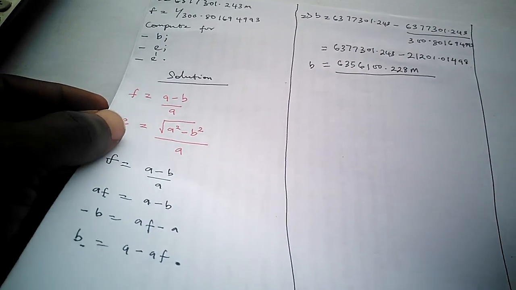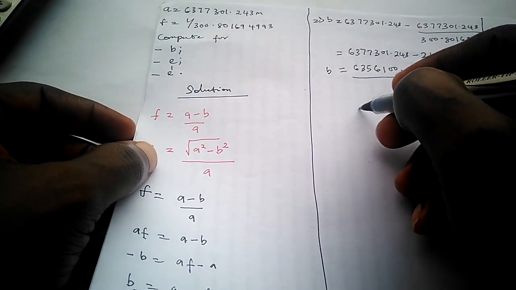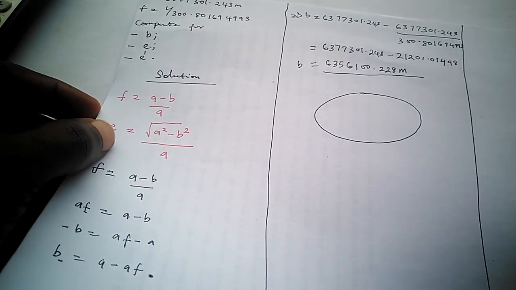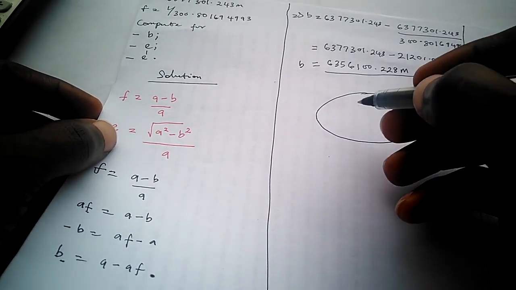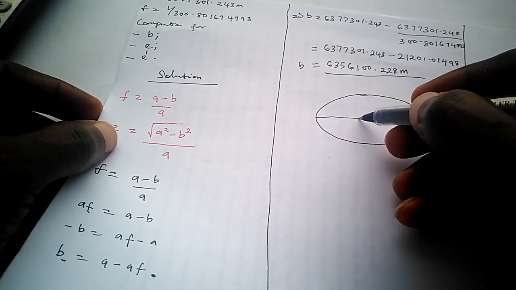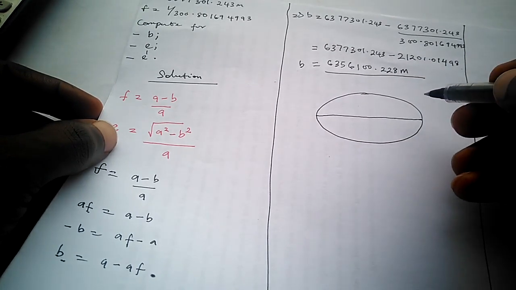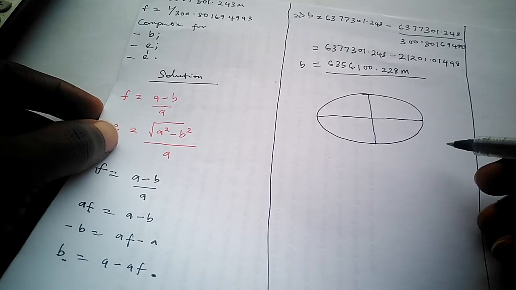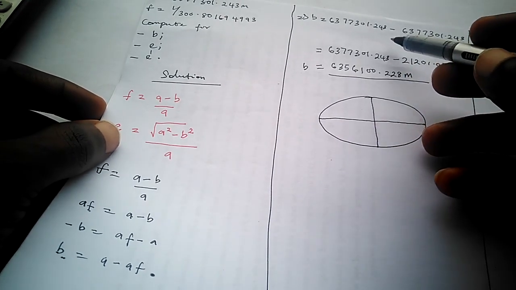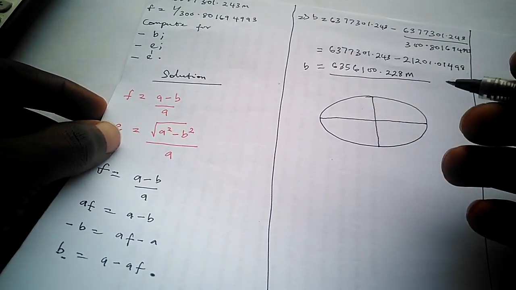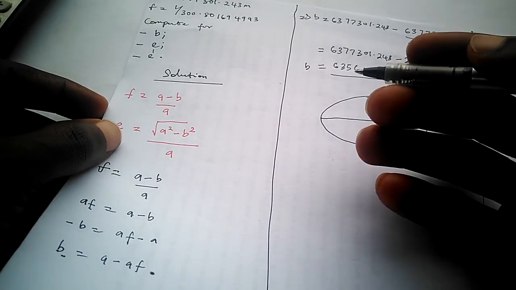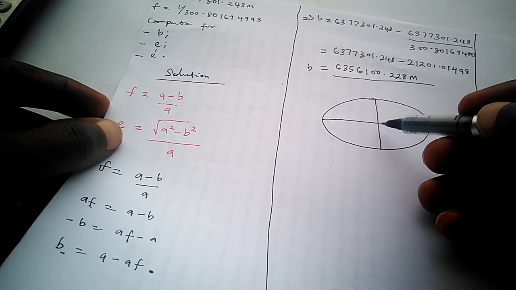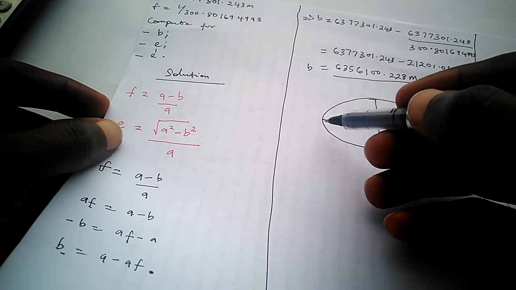Now, one thing about this is that it's very simple for you to know if your answer is within the limit. This is an ellipse. It might not be a perfect ellipse. This is an ellipse, and we have a diameter here, and we have another diameter here. So the idea behind A and B, which is our semi-major axis and our semi-minor axis, is that the semi-major axis is half of the longer diameter.